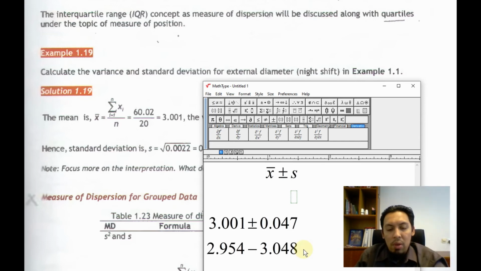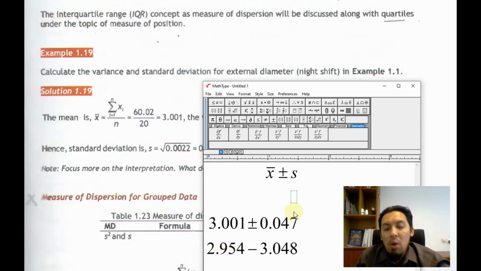So if the measure of external diameter of your data is within this range, we can say that it is normal. It is standard, don't worry.